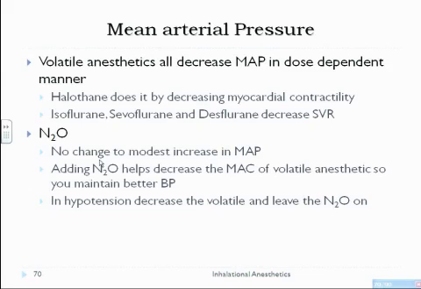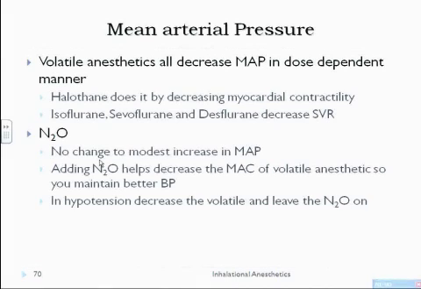So halothane does it by decreasing myocardial contractility, whereas isoflurane acts on the autonomic nervous system and depresses it. As a consequence, isoflurane, sevoflurane and desflurane decrease the SVR. Nitrous oxide, on the other hand, doesn't really affect those kinds of channels at all. So you see no change to moderate increases in mean arterial pressure, as nitrous oxide can be a sympathomimetic.